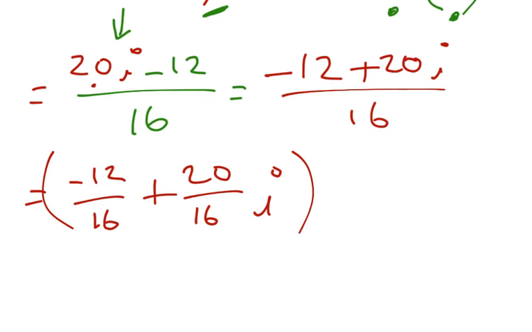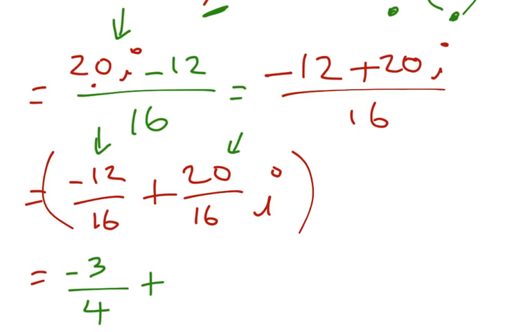Can we reduce? Yes, we can. So then we reduce. Remember, you try to divide by 2, by 3, by 4, by any common term that you can divide both numbers. Here, I can divide by 4. So, negative 12 divided by 4 is negative 3. 16 divided by 4 is 4.